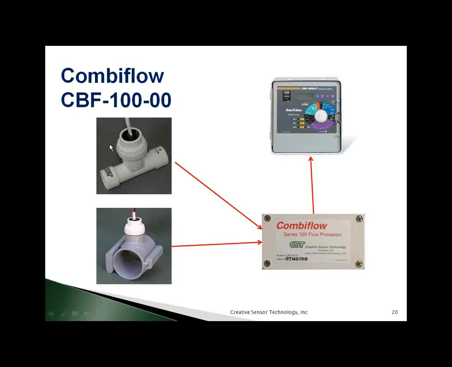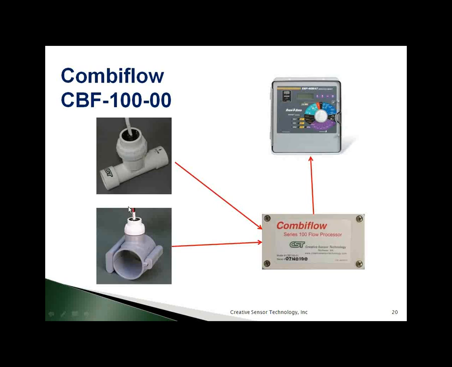The final device I want to share with you a little bit this afternoon is a device that we call the CombiFlow. And what a CombiFlow does is allows you to share or combine 2 flow sensor signals into one, because most field irrigation controllers have a single flow sensor input.